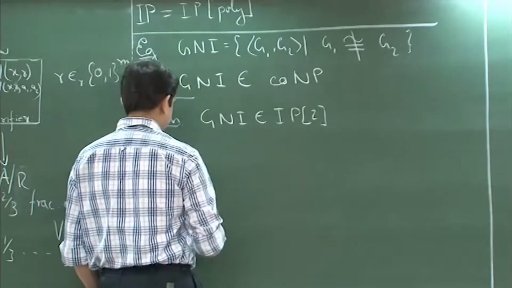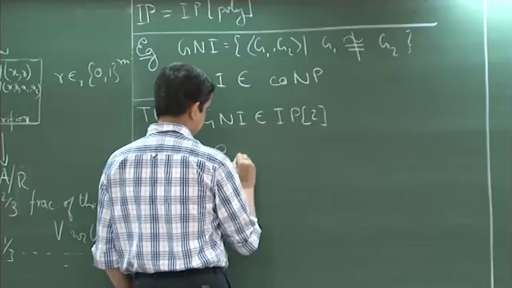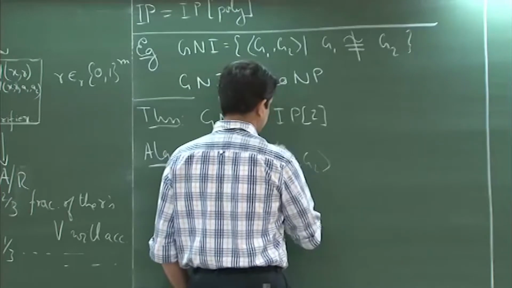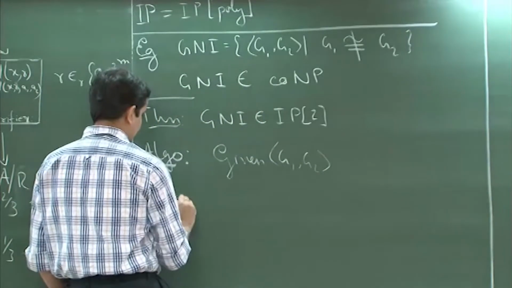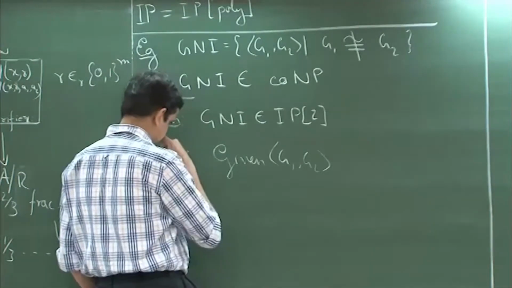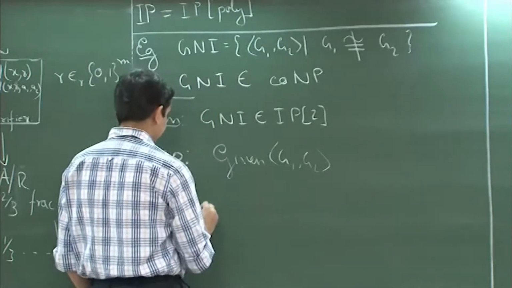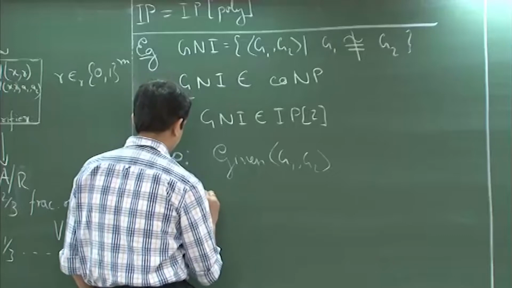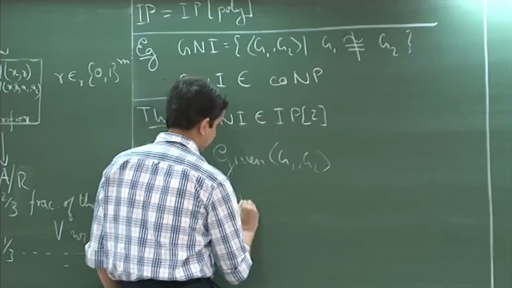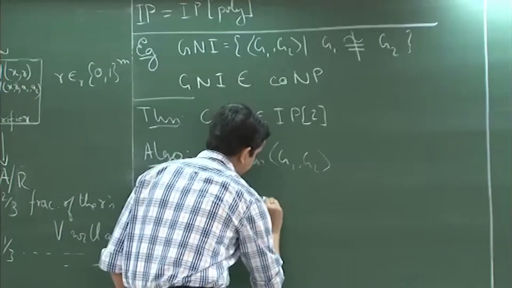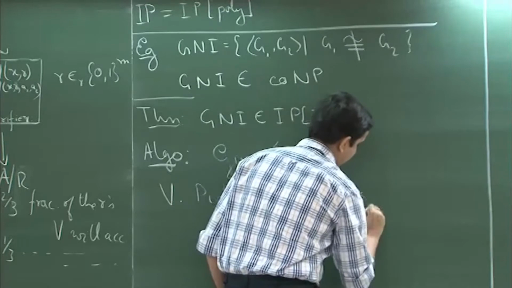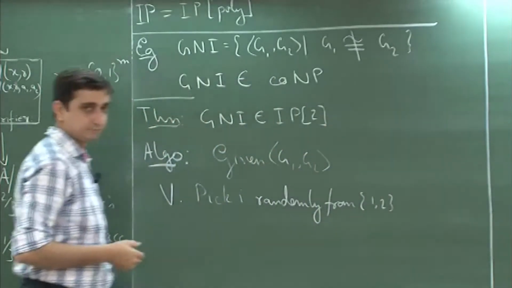So, the algorithm is that, given G1 and G2, what the verifier does first is it tosses a coin, okay, and depending on whether it is head or tail, it chooses an I from the set {1, 2}. So, pick I randomly from {1, 2}.